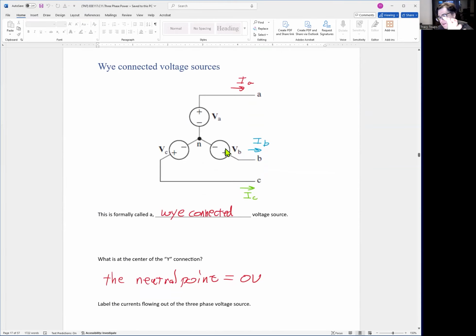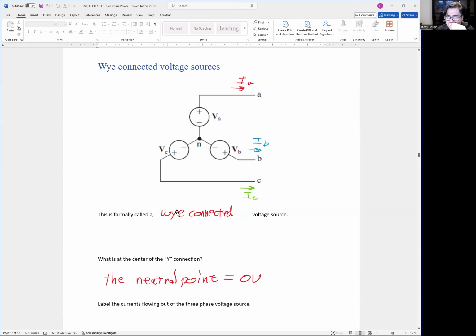Now, all this time we've been talking about connecting loads and sources together, mainly with this IB, IC, and the neutral kind of bonded together in the middle. Formally, this is called a Y-connected configuration, where it kind of makes an inverted Y. You see the main stalk here and the 2 points coming out for the Y. So we call this a Y-connected voltage source, right?